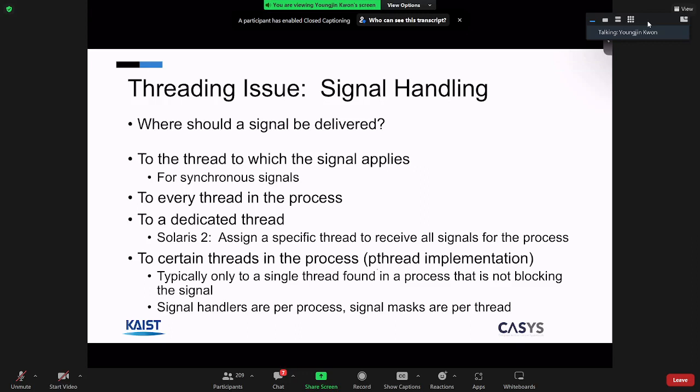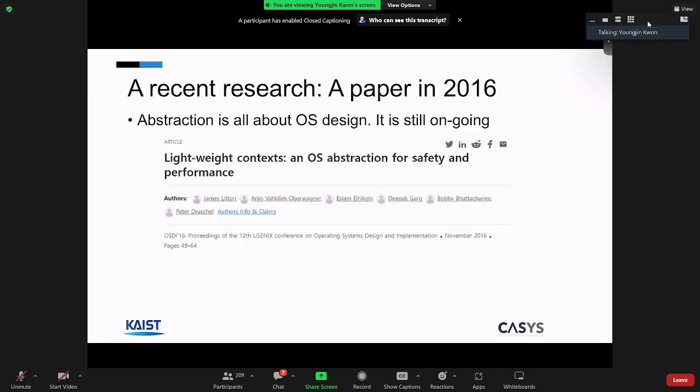In the case of pthread implementation, only a certain thread that actually receives the signal handles it. Signal handling issues. Okay, so after talking about these issues, I'll talk about this abstraction.